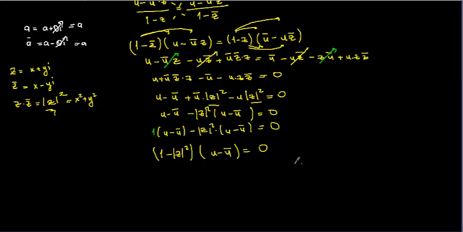Then if the product of these is equal to 0, 1 minus z modulus square is equal to 0, or u minus u conjugate is equal to 0. u is equal to u conjugate.